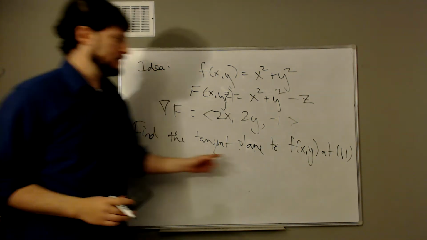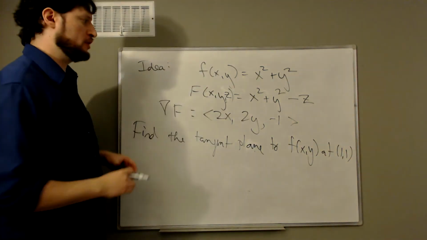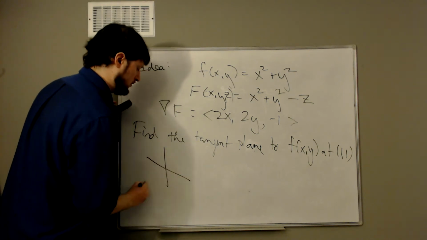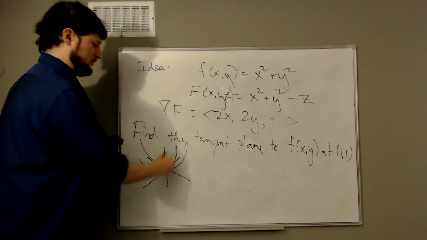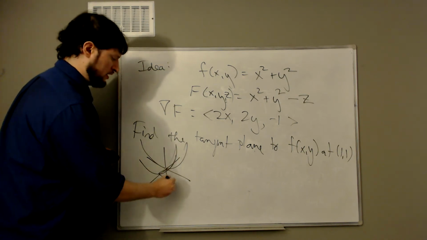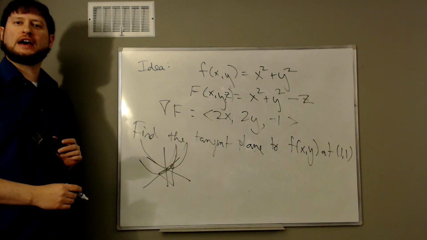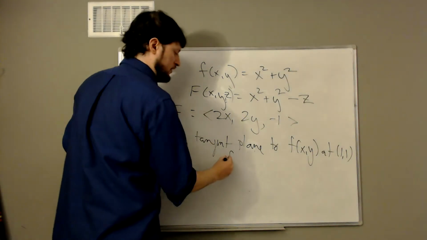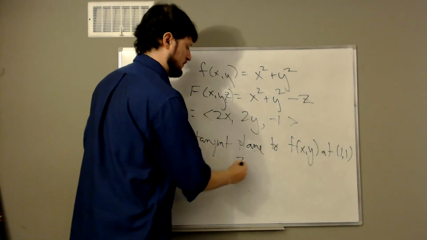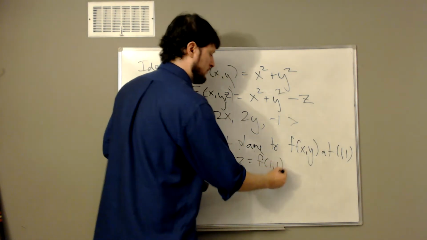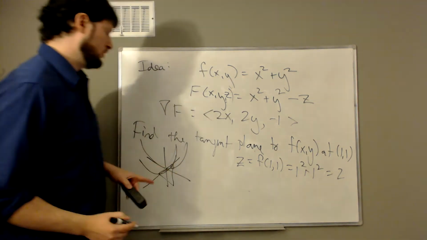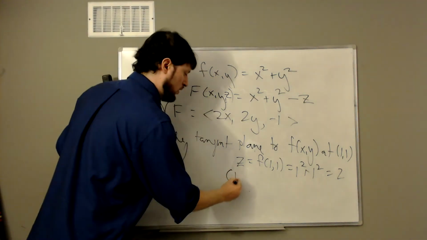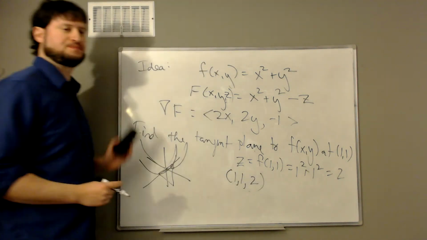Well, if we're at the point 1, 1 and we're on our paraboloid, we also need to know what the z value is. So z is f at 1, 1, which is 1 squared plus 1 squared, which is 2. So really we're at the point 1, 1, 2.